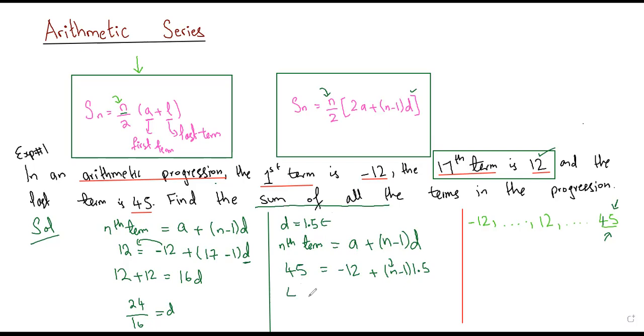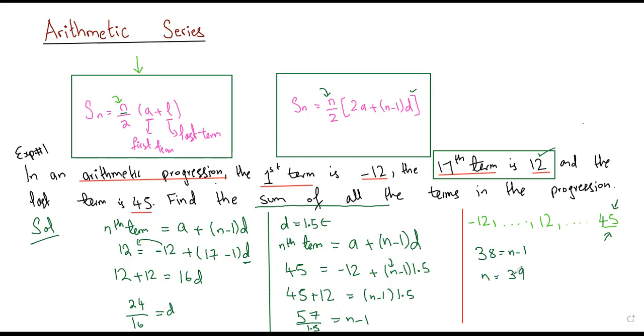So 45 plus 12 equals n minus 1 into 1.5, and this is going to give you 57 divided by 1.5 equals n minus 1. And what is the value of n? That is 38 equals n minus 1. So n is going to be 39.